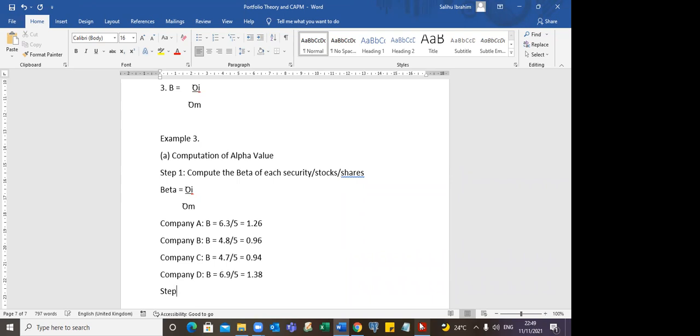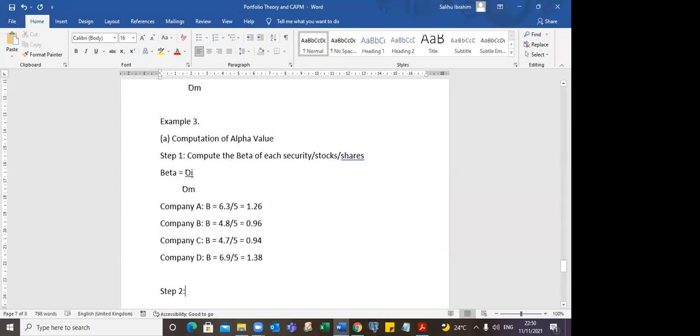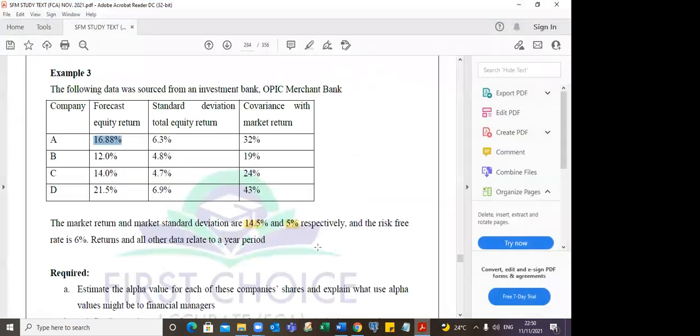I have a question, sir, please. The market standard deviation of 14.5%. Can't we use it as the variance of the market? Can we convert standard deviation to variance?